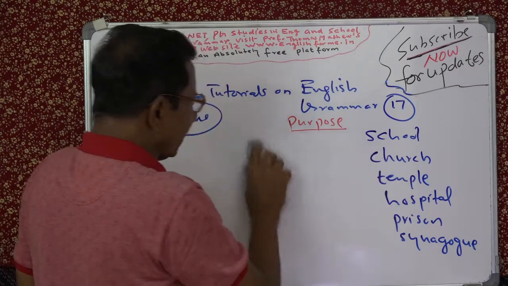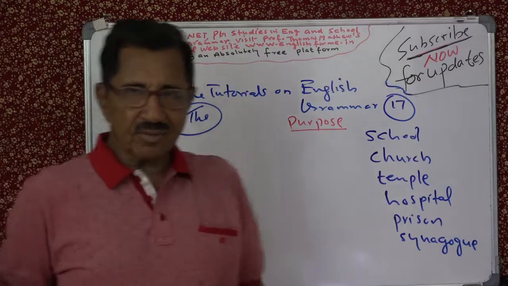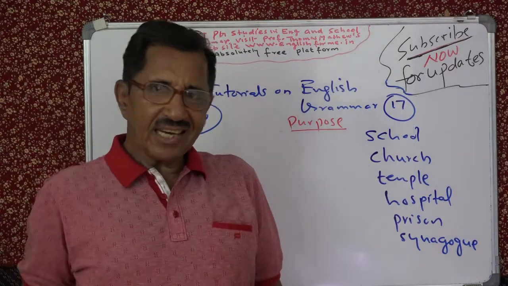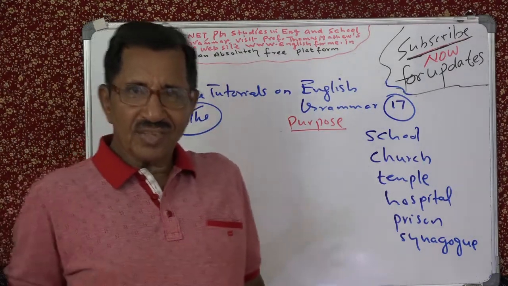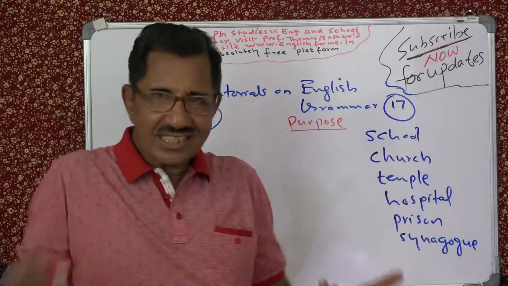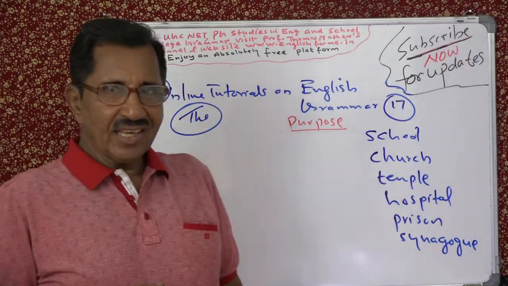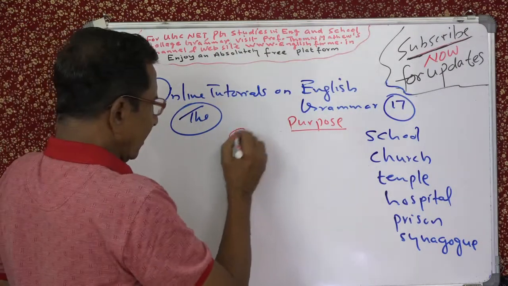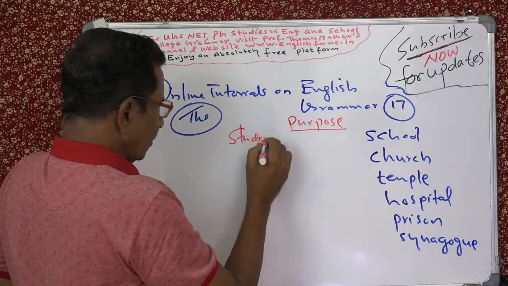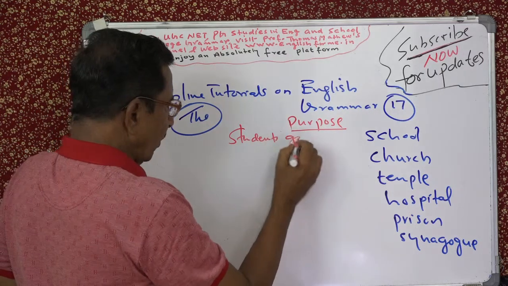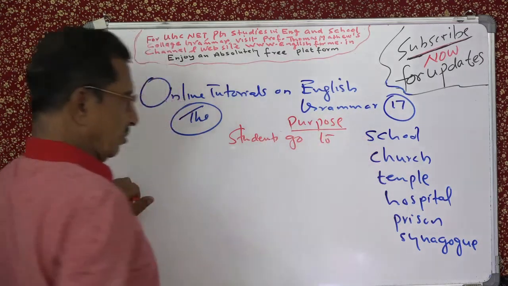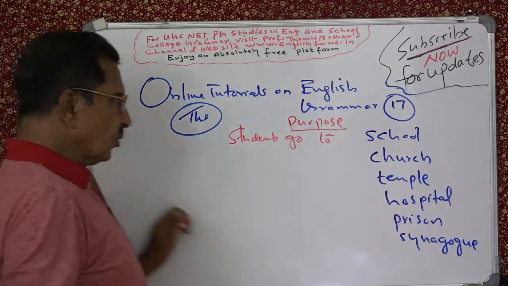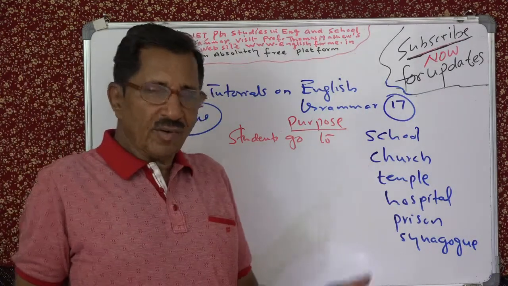What is the purpose here? School. What is the purpose of the school? Teaching and learning. So, who will go there? Will a visitor go there? No. Only students will go there. So, students go to school. That is not required.